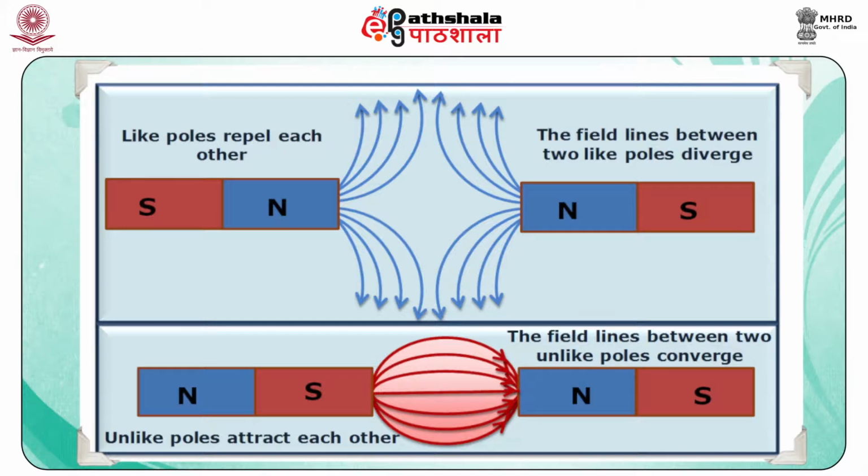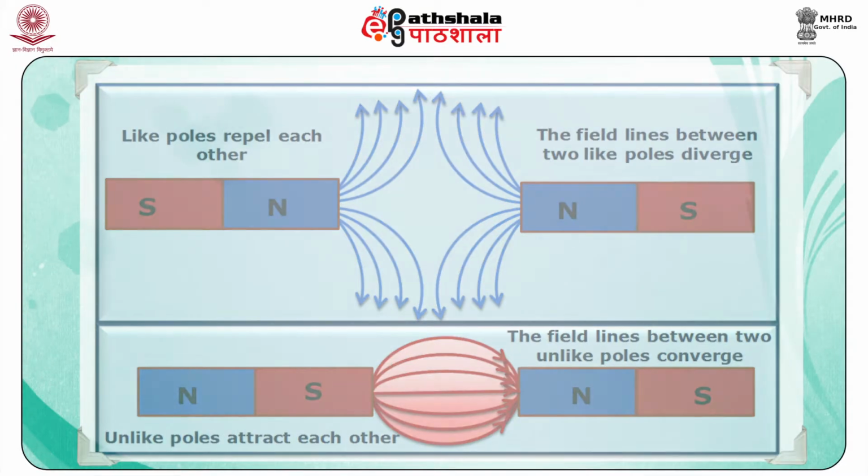Or pole strength is the measure of the force exerted by one face of the magnet on a face of another magnet when both magnets are represented by equal and opposite poles.